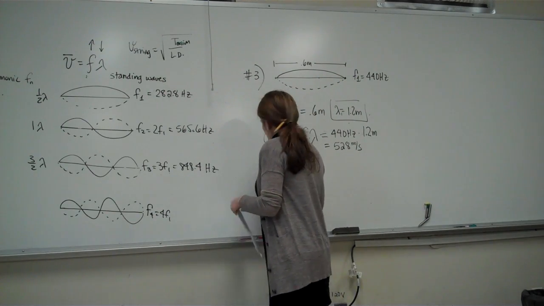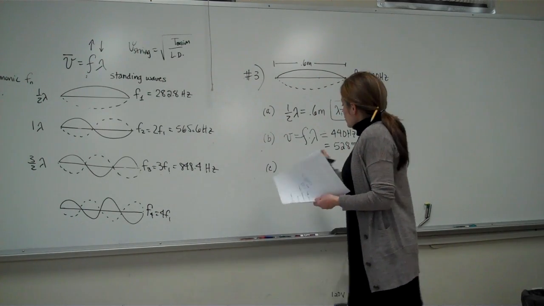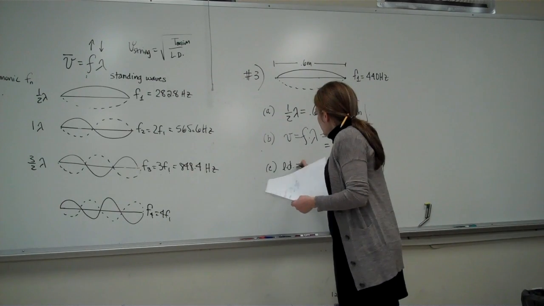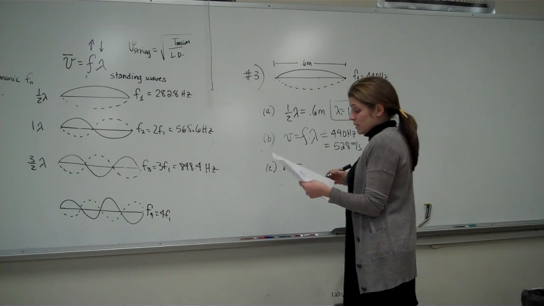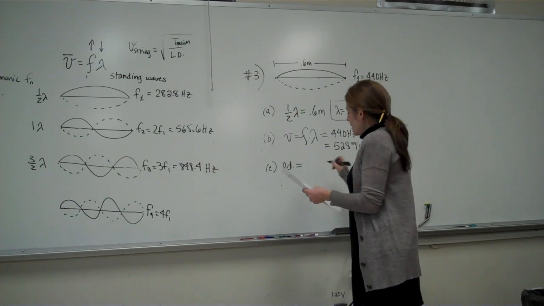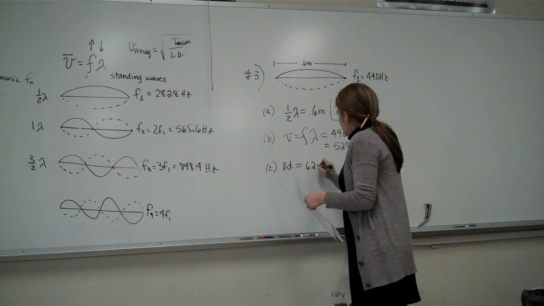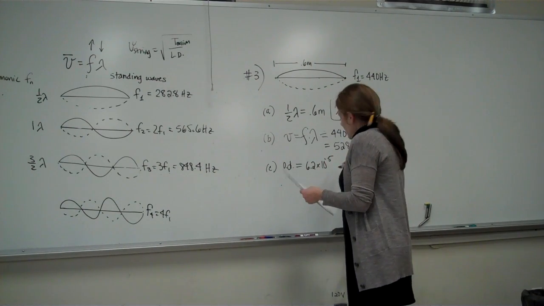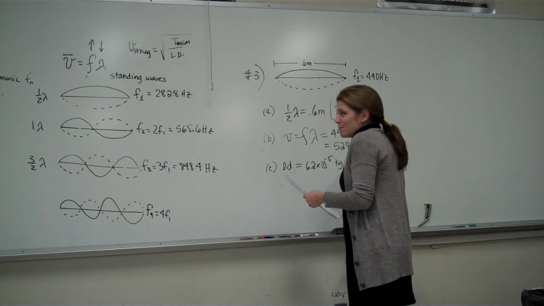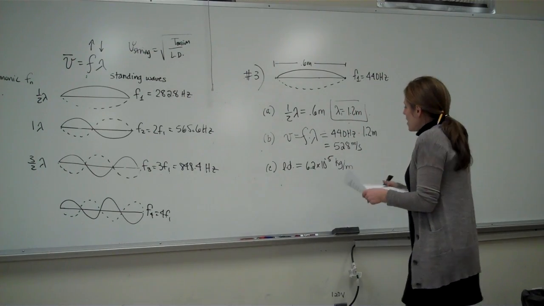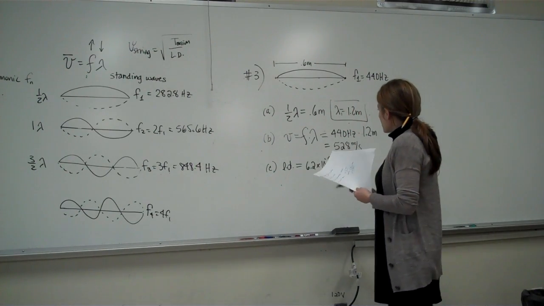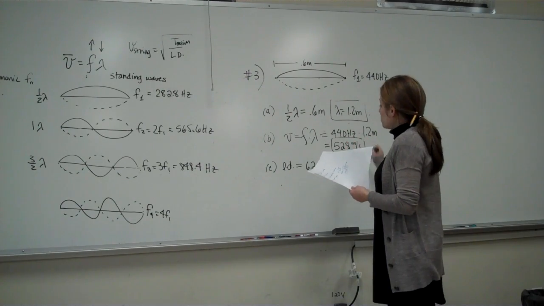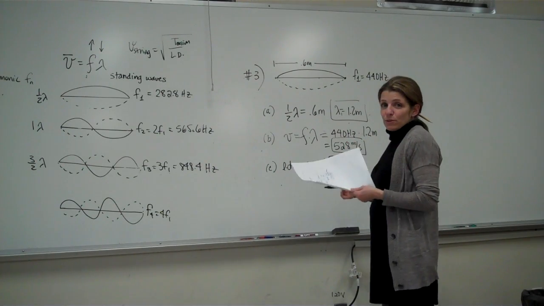Part C. You're told the linear density by your teacher, who put the incorrect units in the problem set, is 6.2 times 10 to the negative 5th kilograms per meter. Hopefully that didn't throw you. And you know the velocity, and you want to figure out how tight you tune the string.